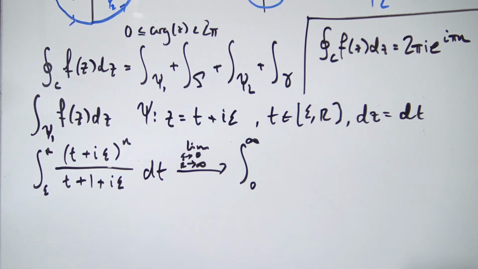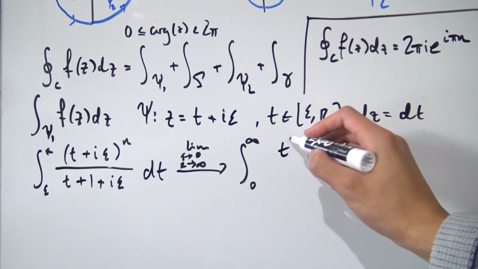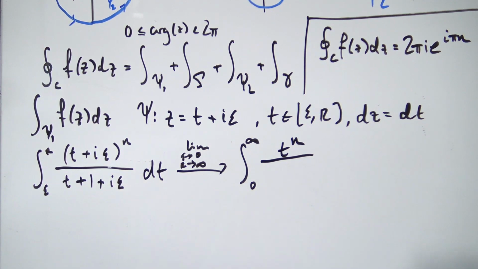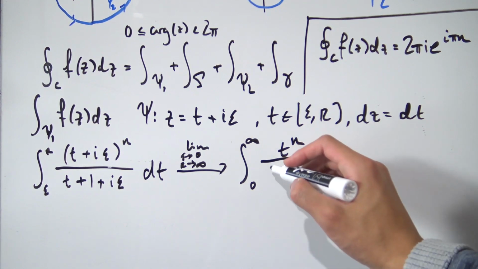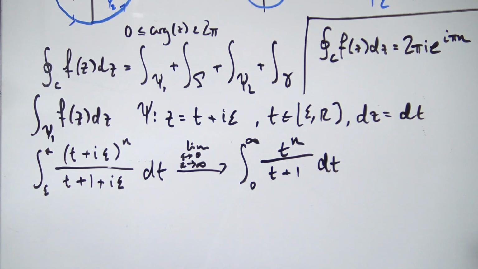Well, epsilon will get smaller and smaller and smaller, meaning that our imaginary part will become so negligible that we can just ignore it, leaving us with just t by itself to the nth power. And same goes for the denominator. This imaginary part right here will just shrink to 0, leaving us with t plus 1 times dt. And in fact, this is the integral we started off with.